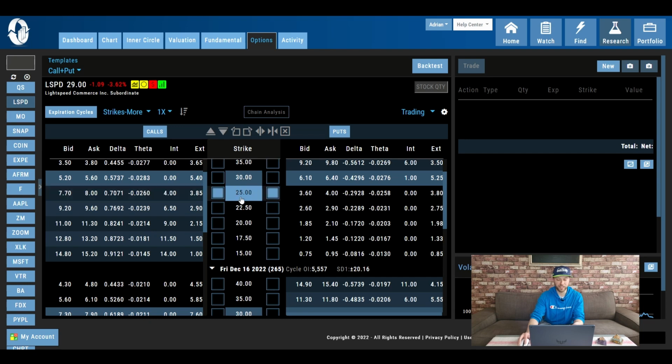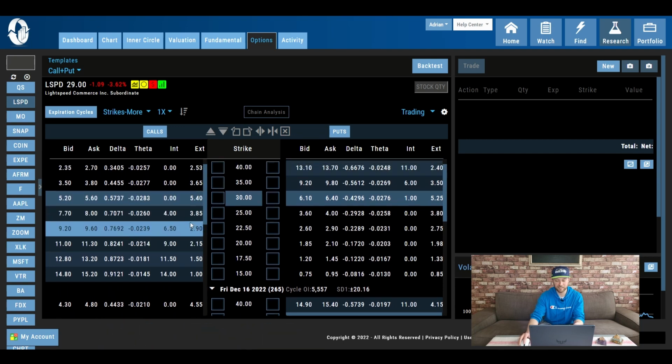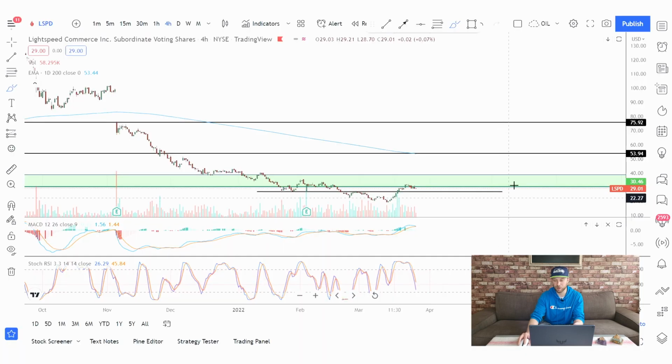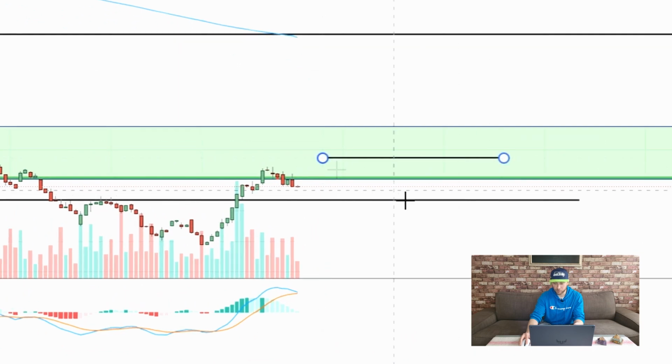So that means the break even on this strike would be $25 plus 8, which is $33. So if you buy this August 19th expiration option, your break even is $33, which is right around here. So basically, if the price between now and August 19th is about this $33, you would make some money.